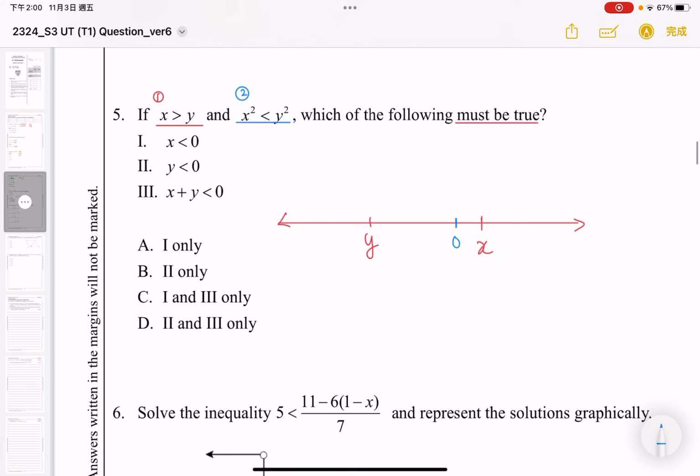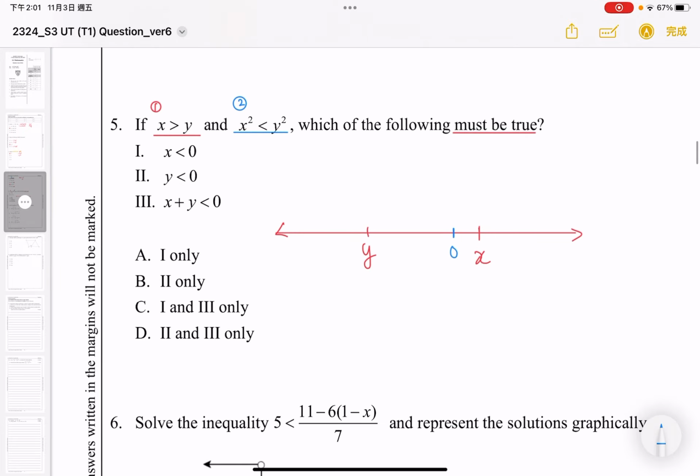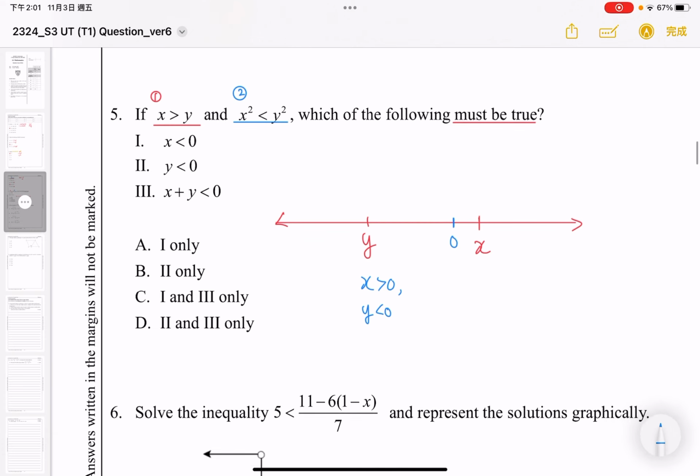So what do you have? When you set 0 here and fulfill both restrictions, you can see that x is larger than 0, y is smaller than 0, and at the same time, x plus y is negative.